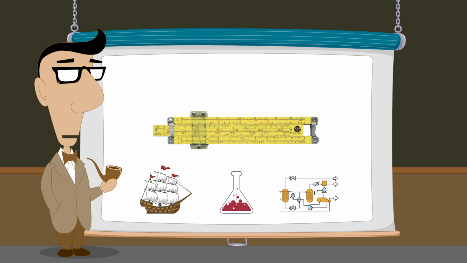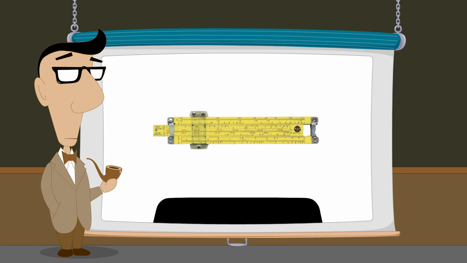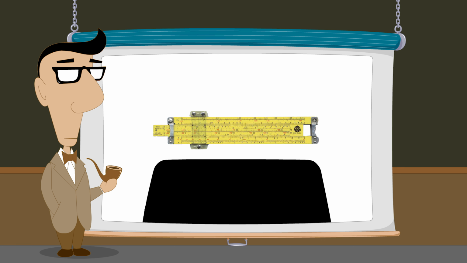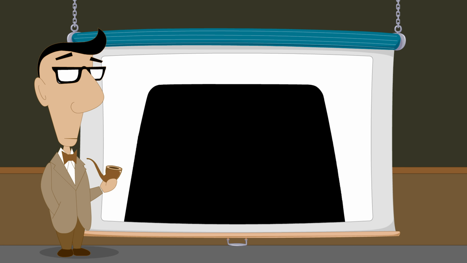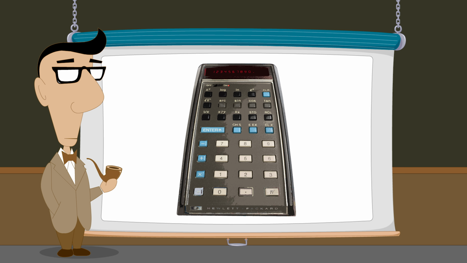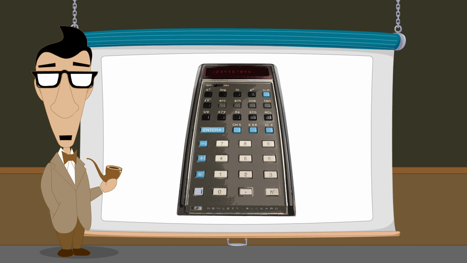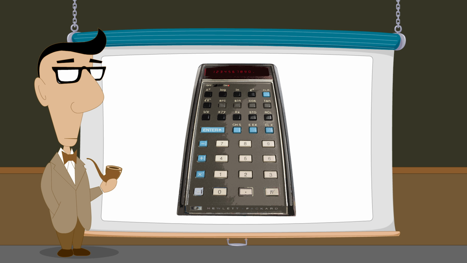But more recently, in the 1970s, electronic calculators were introduced that could perform logarithmic calculations with more precision, replacing the need for slide rules. So let's see how logarithms work and why logarithmic functions are said to be the inverse of exponential functions.